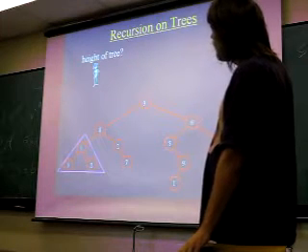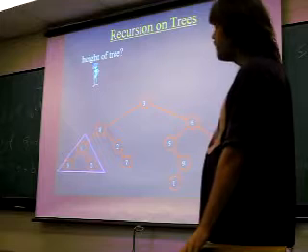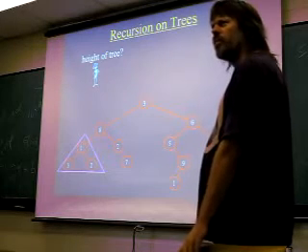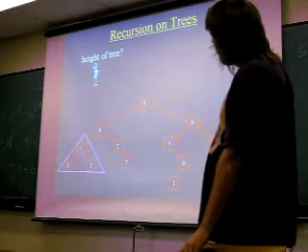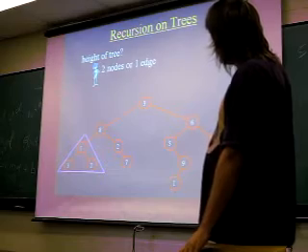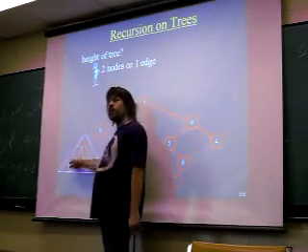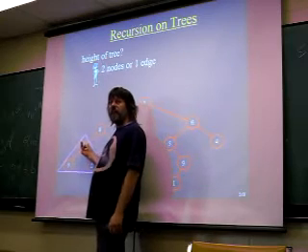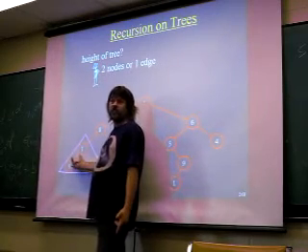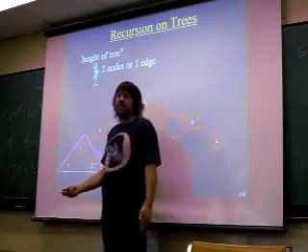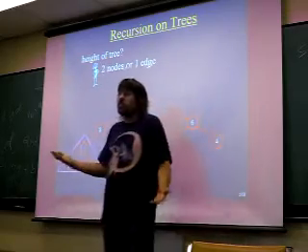What's the height of that tree? 2. Yeah, it depends on what you count. Different people count different things. So you could count a height of 2 because there are 2 nodes, or you could count a height of 1 because there's 1 edge. It's a definition. I don't know, whichever you prefer.